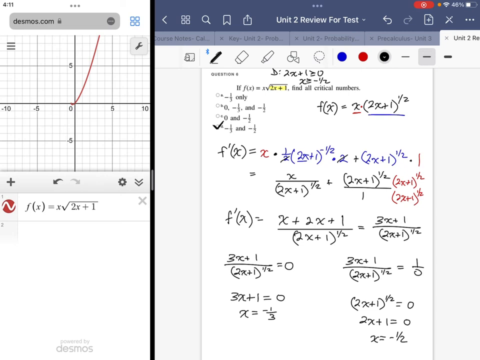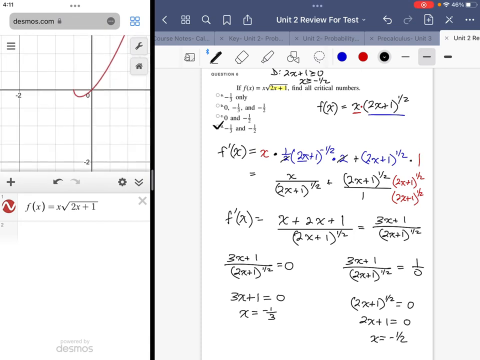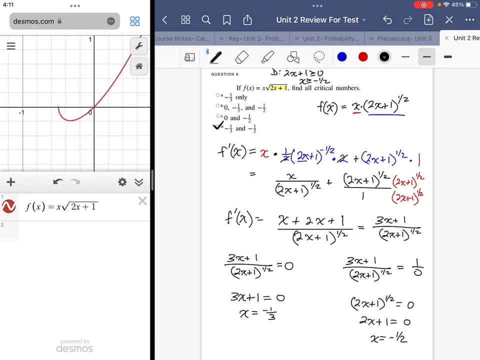But for a critical value, I'm looking for any instance in which the derivative would be undefined or equal to 0, but in the original function, I'm really looking for turning points more than anything else. All right, so I got one there at negative 1/3. Now it's just a question of what's happening at negative 1/2.